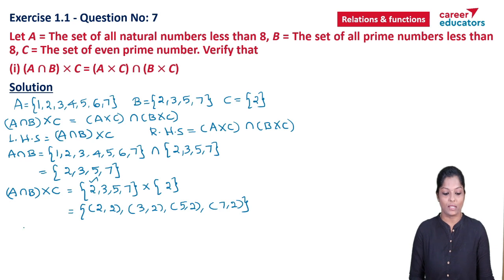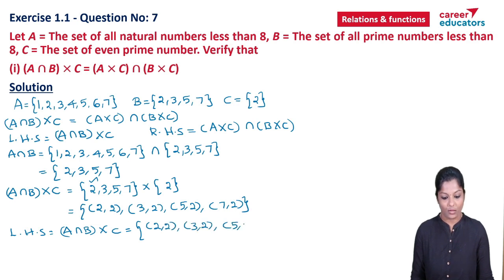Now we got LHS. LHS equal to A intersection B cross C equal to 2, 2, 3, 2, 5, 2, 7, 2. Mark this as 1.